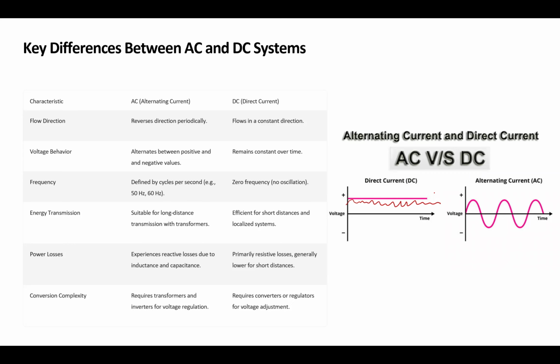Now, when we say we have frequency in AC, what other differences could come to your mind because of that? In DC, we don't have frequency. In AC, we have. Since we have frequency here, what changes could we see in our circuits?